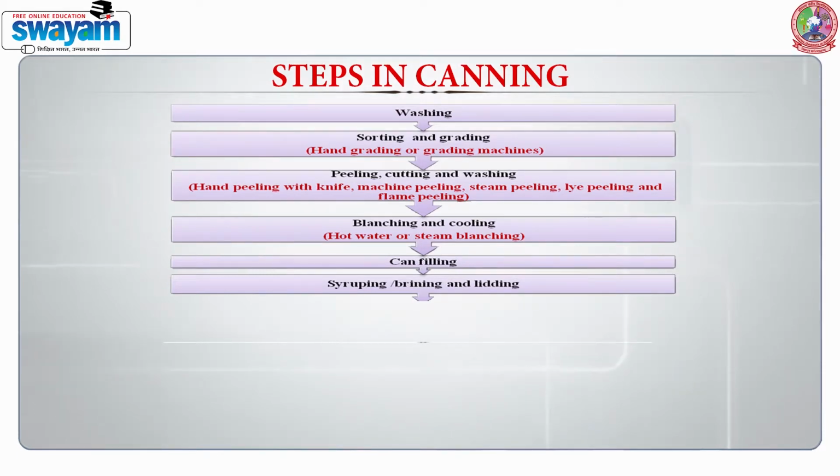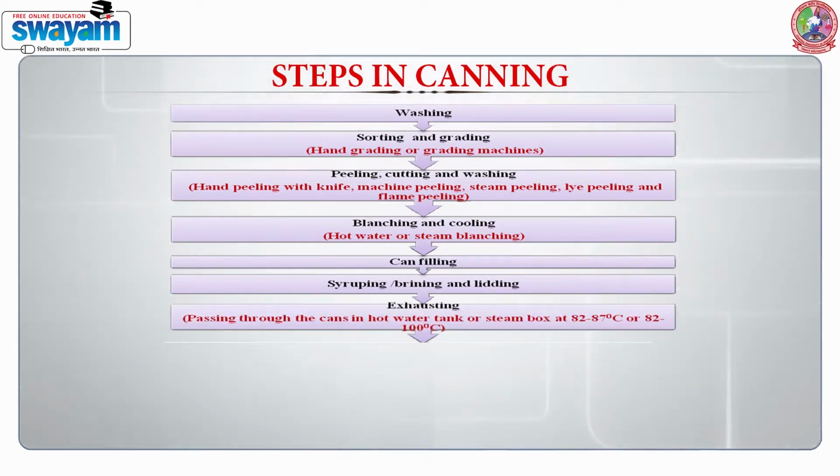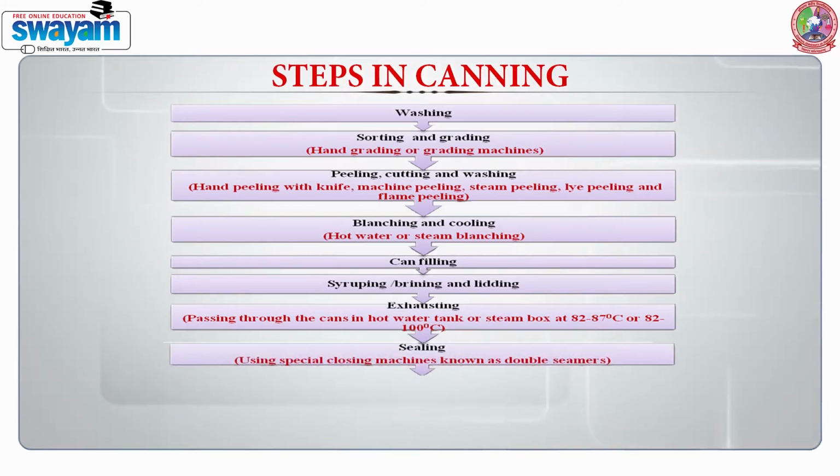After closing, the cans are passed through hot water or a steam box at a temperature of 80 to 87 degrees Celsius, and this process is known as exhausting. After the exhausting process, the cans are sealed using a machine, also known as a double seamer.